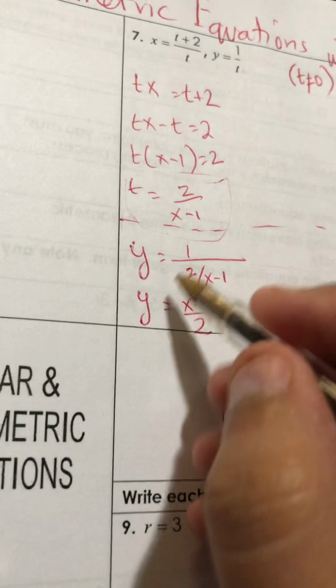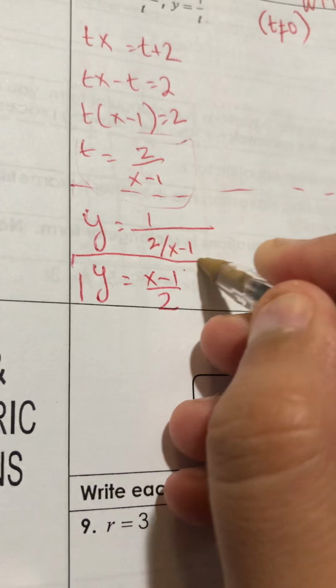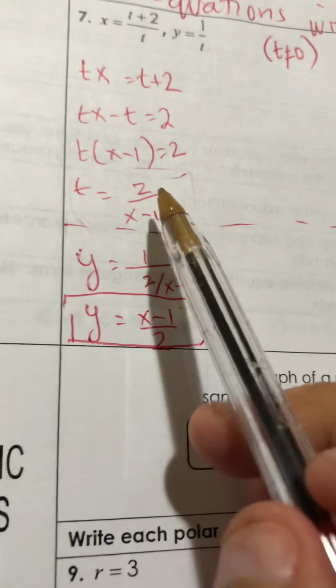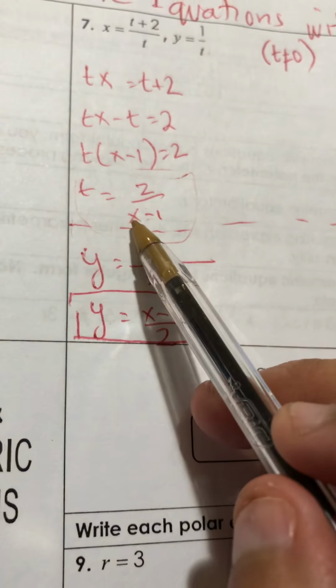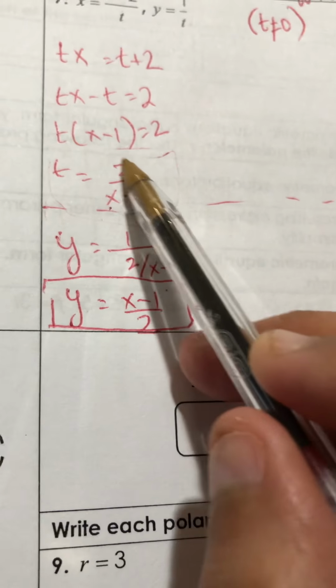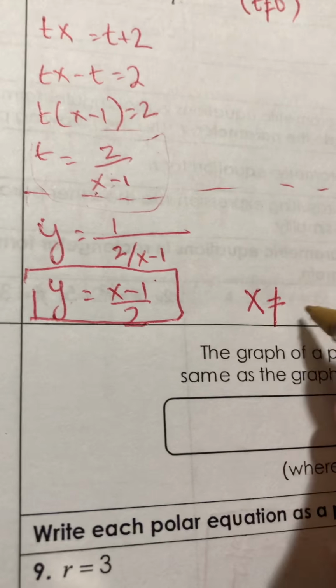This is going to be my final rectangular form, keeping in mind the restriction for the domain: x cannot be equal to 1, because if x was equal to 1, this t would become undefined. So the domain is x is not equal to 1.